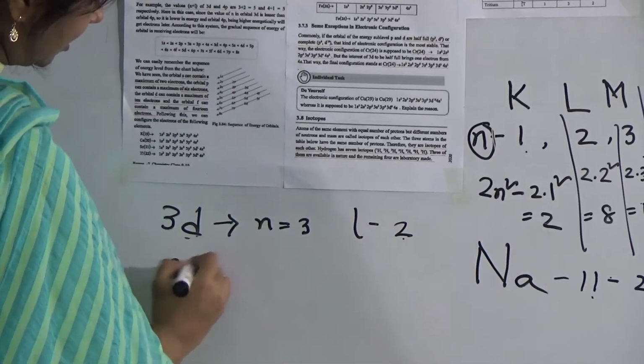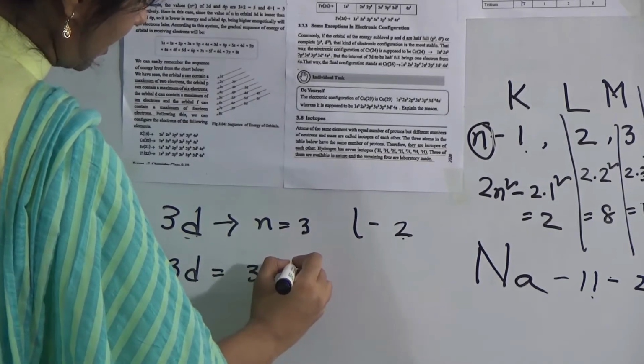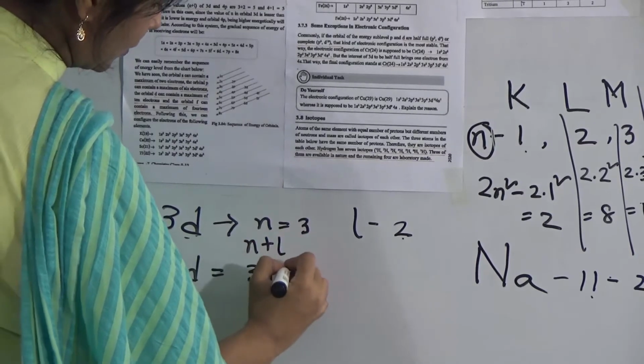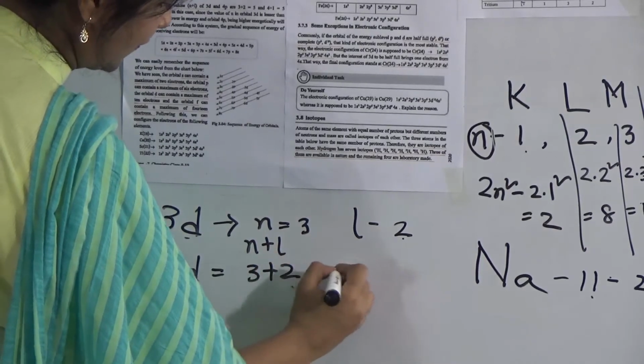That means for 3d, n plus l equals 3 plus 2, equal to 5.